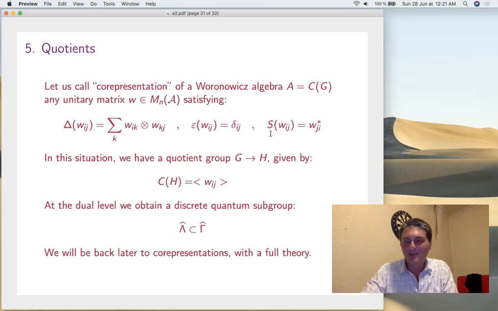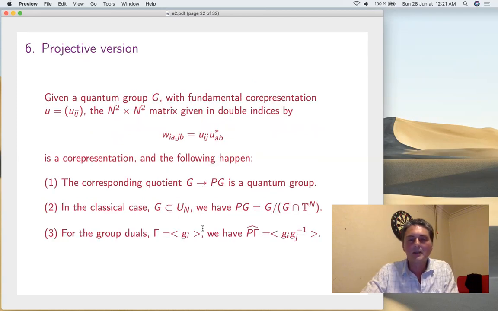That's the rule in quantum groups: when you pass from the compact quantum group to the algebra and vice versa, you add or remove a co. Never forget that co, so as not to mess things up. So now if you have this co-representation, you have a quotient group. This will generate an algebra inside C of G, which you call C of H. That's your quotient. Dually, as I was saying, things go in the other sense, so you get a subgroup.